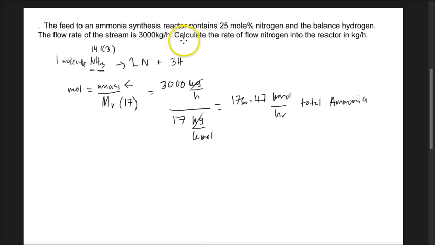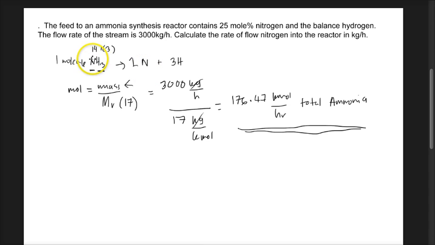So this question wants us to find the nitrogen flow rate in kilogram per hour, and since 25 mole % of nitrogen is equivalent to 1 mole of nitrogen in the ammonia itself, the molar flow rate of nitrogen in the stream is equivalent to the total mole of ammonia, because 1 mole of ammonia contains only 1 mole of nitrogen.